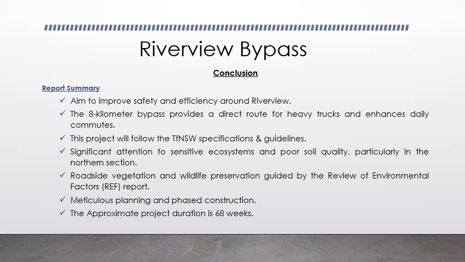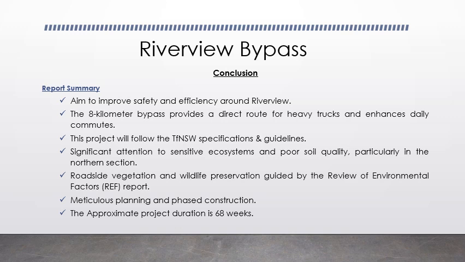We recognize the importance of the sensitive ecosystem and challenging soil conditions, especially in the northern section of the project area. To address the sensitive ecosystem concern, we'll implement strategies detailed in the review of environmental factors (REF) report, which includes measures for roadside vegetation and wildlife preservation.